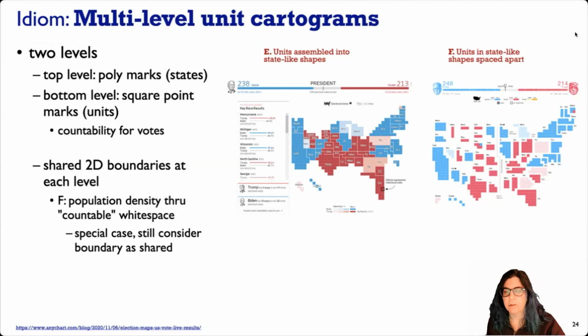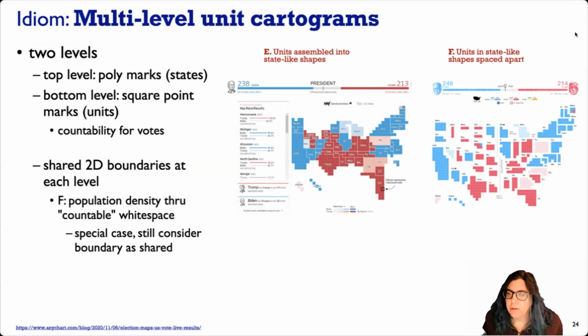Now, it's obvious that they do with the example on the left, where you have all these states touching each other. I would actually argue that what's going on the right is interestingly the same. They're using white space in a very deliberate way that lets you directly count off the population density, because the more white space there is, the fewer people live there compared to the size of the spatial region.